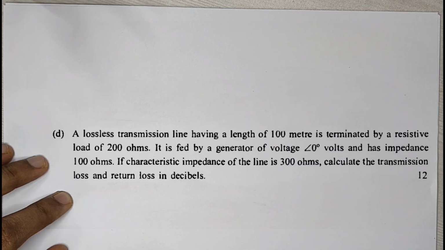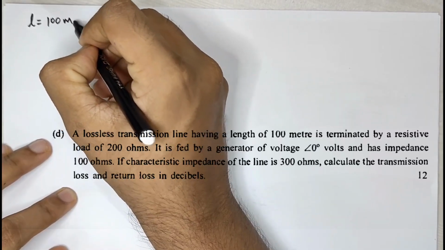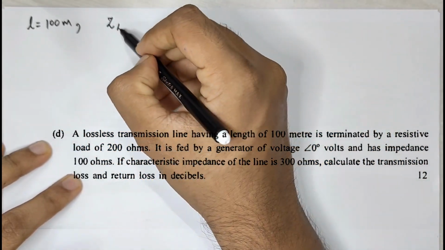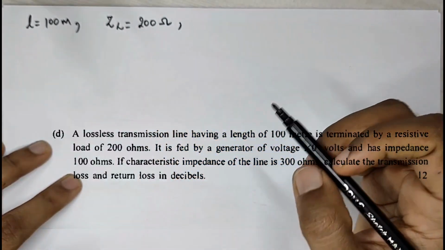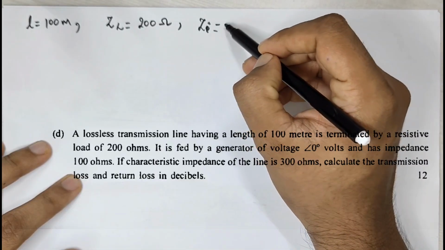What are the things given here? We have length, which is 100 meters, terminated by a resistive load. Resistive load, that is ZL, is 200. The generator impedance, Zg, is given as 100 ohms.